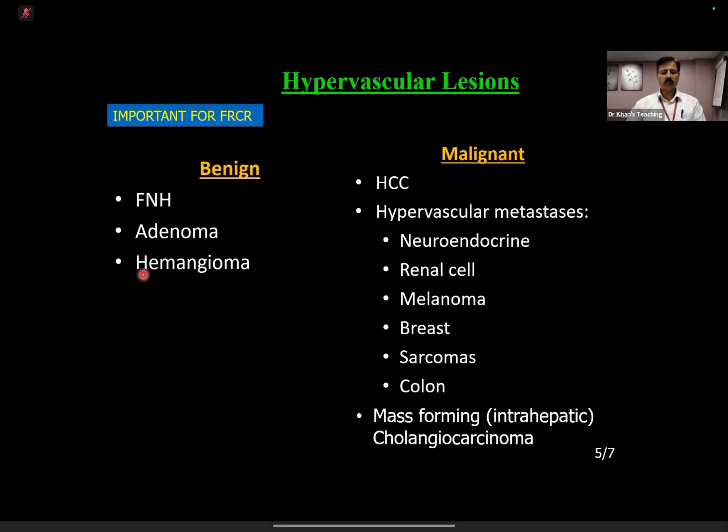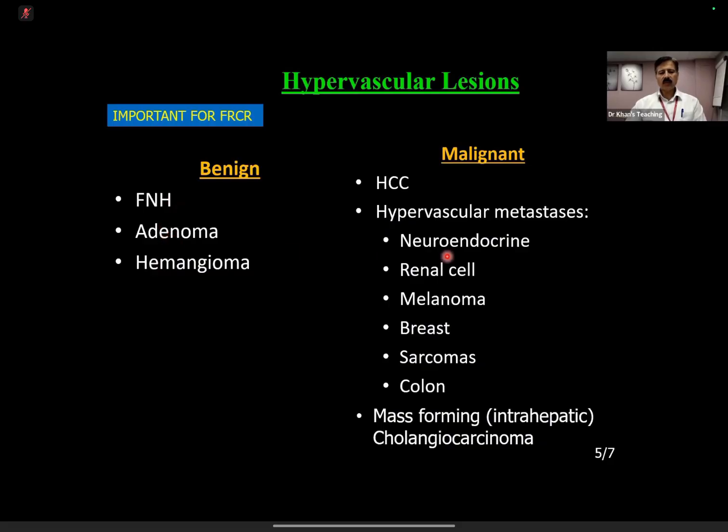This is known as flash hemangioma. Otherwise, classically, they will just show nodular peripheral enhancement with centripetal extension. So flash hemangioma is one of the differentials. If you get in your exam a lesion which is 4 or 5 centimeter, don't even consider a hemangioma in your differential. Just consider these two things.